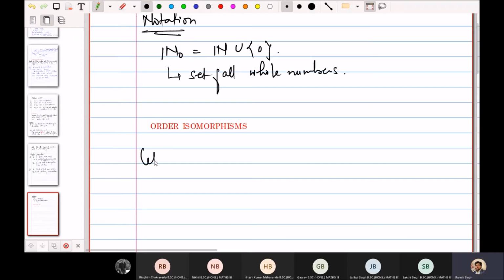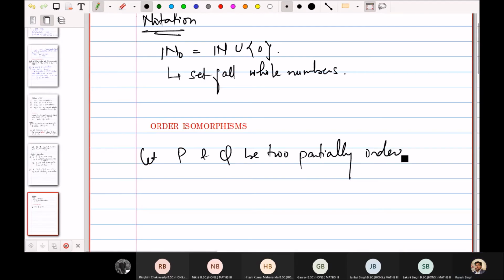So let P and Q be two partially ordered sets. Okay. So they may have the same partial order relation or a different partial order relation. Okay. So be two ordered sets.